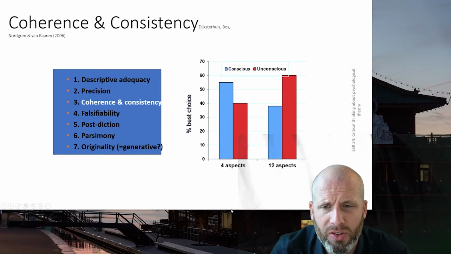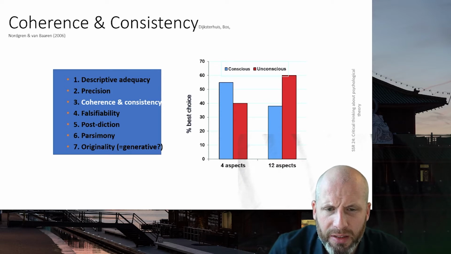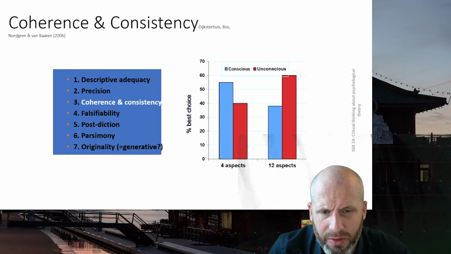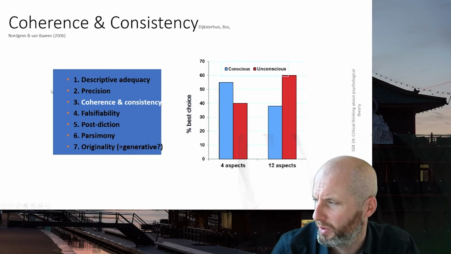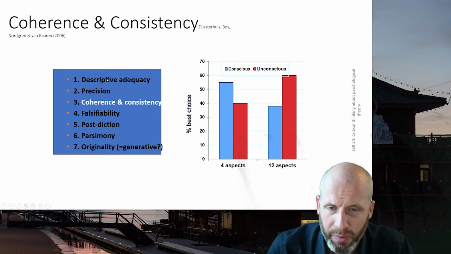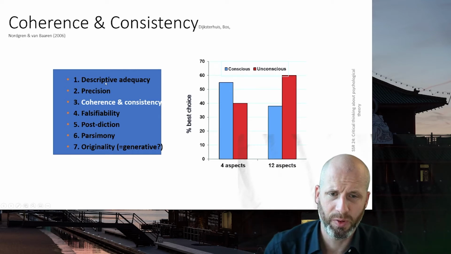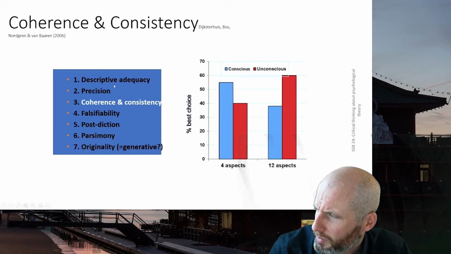Perhaps you could give a slight edge to the unconscious thought theory because it makes a difference. It predicts different results for complex versus easy choices. But yeah, that's up for you to decide. As long as you understand the difference between being more precise and less precise in models that are equally descriptively adequate. All right, let's move on to the third criterion, coherence and consistency.